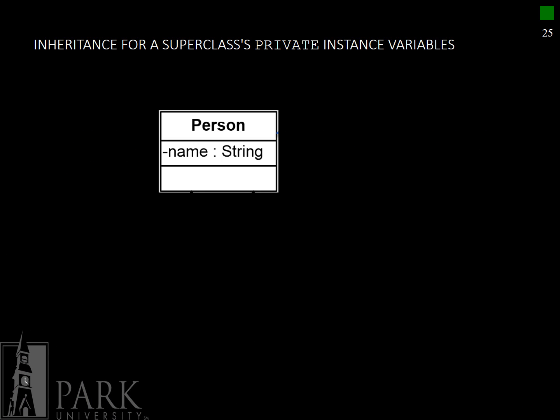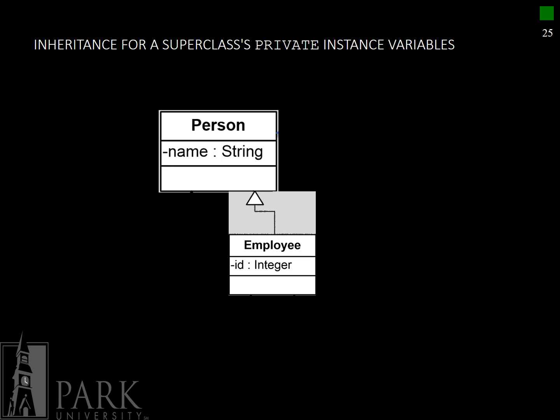So continuing with our previous example, since name is a private instance variable in the Person class, or the Person superclass, the Employee class's methods and constructors cannot access name directly, which is the same interpretation of private that we've always had. So how can an Employee method or constructor access name? Well, by using the Person class's public methods and constructors, of course.